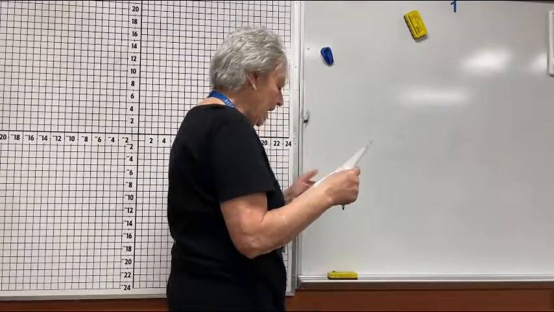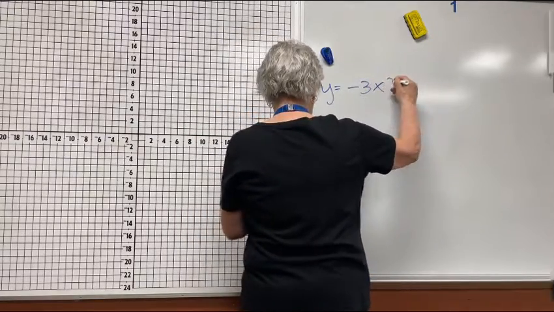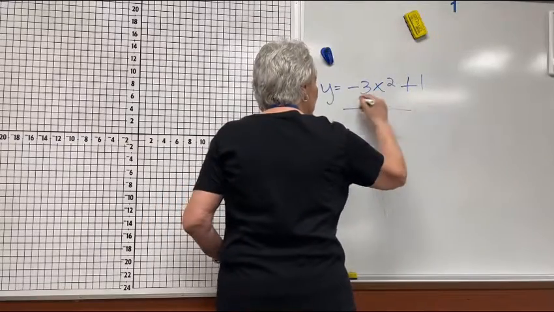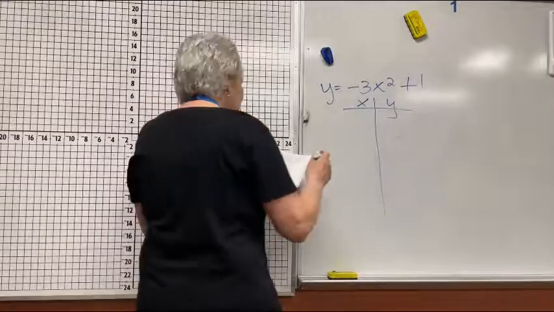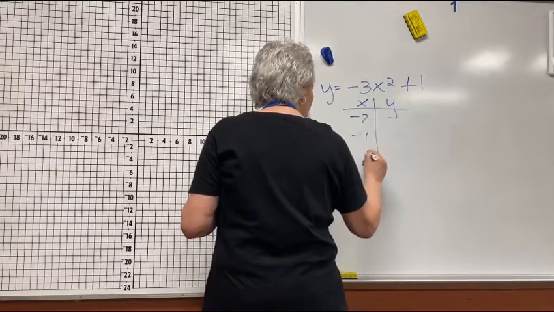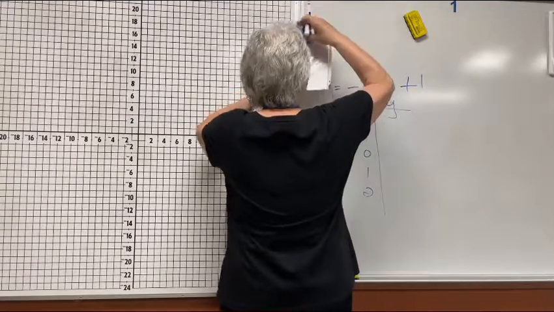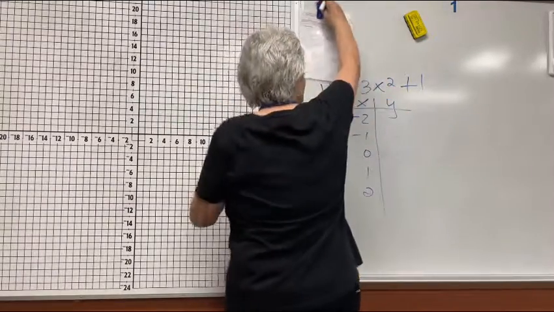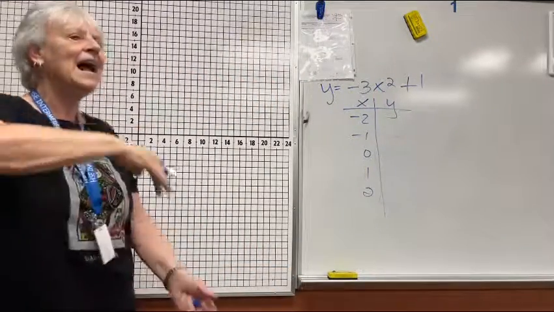All right, let's graph y equals negative 3x squared plus 1. Okay, you make a t-chart. Negative 2, negative 1, 0, 1, 2. So who can tell me what you get if you put in a negative 2? I suggest you take the x squared first, multiply it by negative 1, add 1.